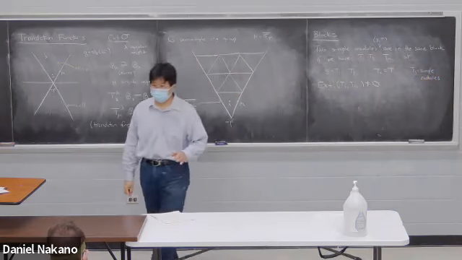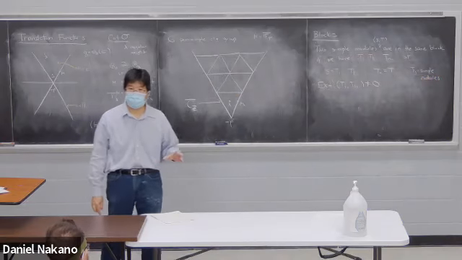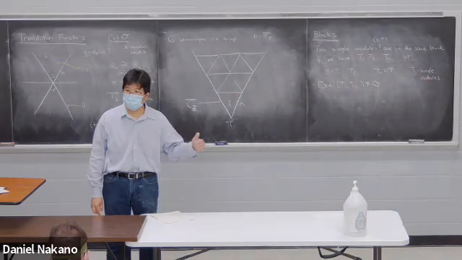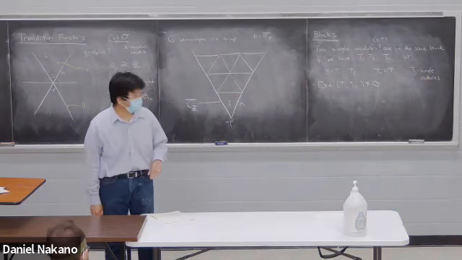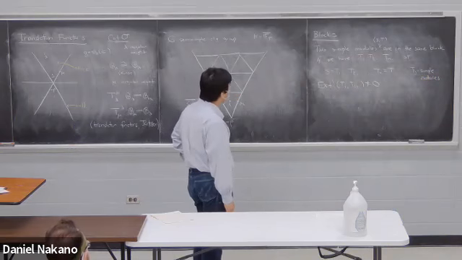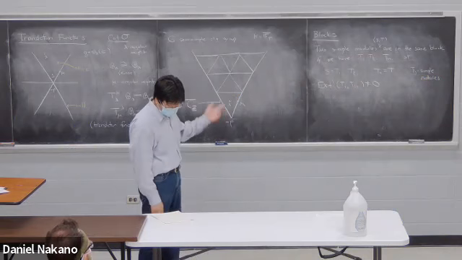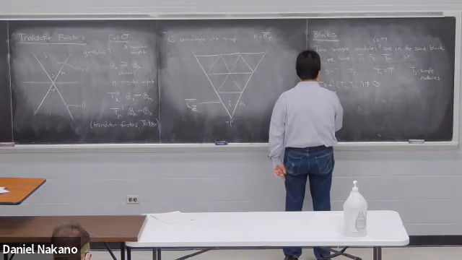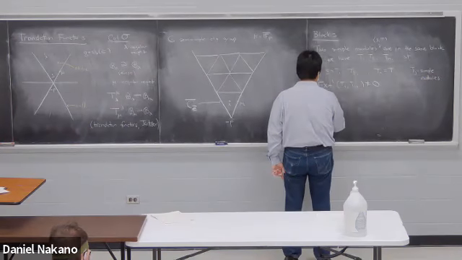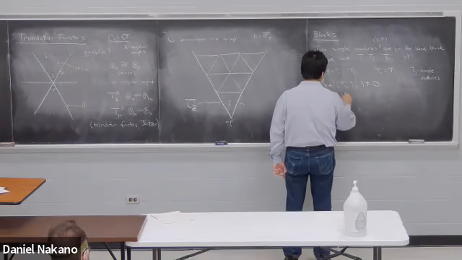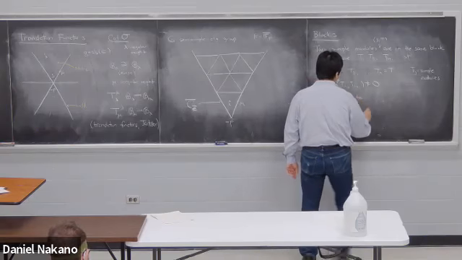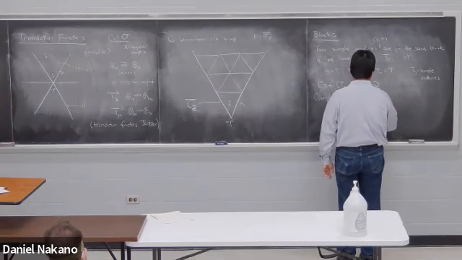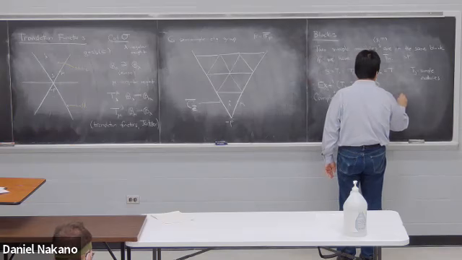So basically, in order for S and T to be in the same block, I need a chain of simple modules where the Ext groups are all non-zero from one to the other. And then what you do is you complete this to an equivalence relation.